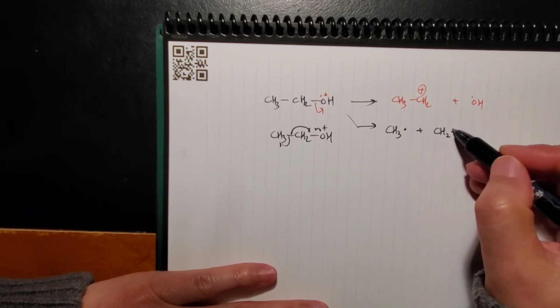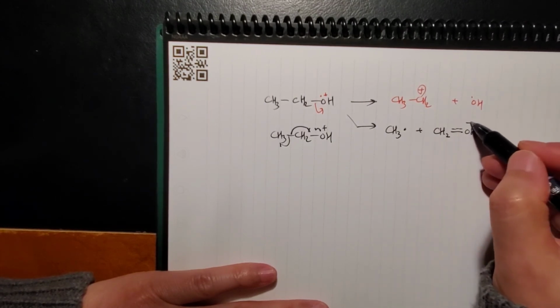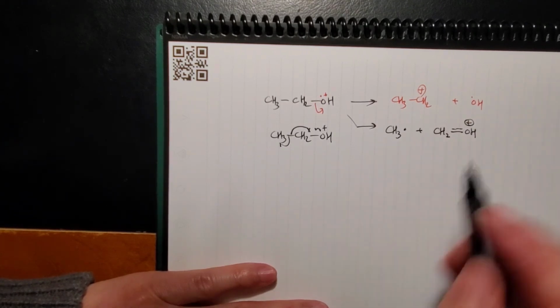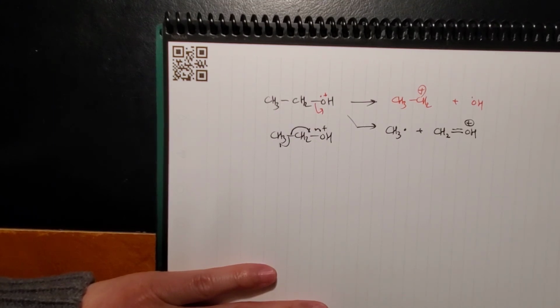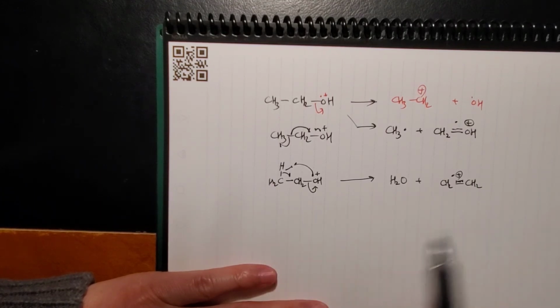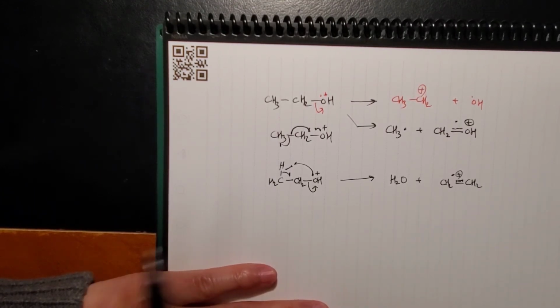Here you can detect this piece. That's the second mechanism. And then the third mechanism is you do this cleavage, sort of beta cleavage, and you're losing here also.